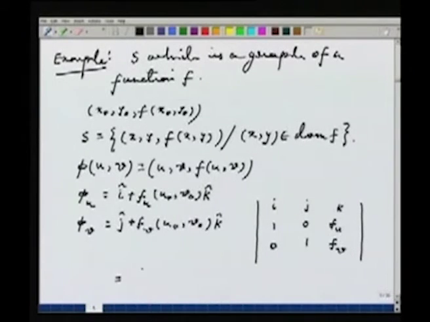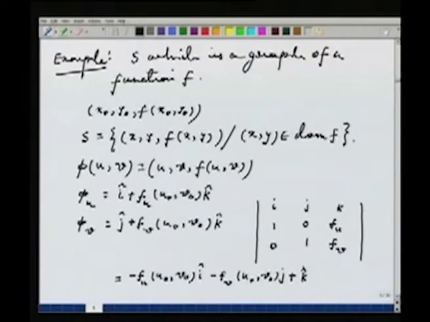What I get is minus f u at (u naught, v naught) i, then minus f v at (u naught, v naught) j, plus k.